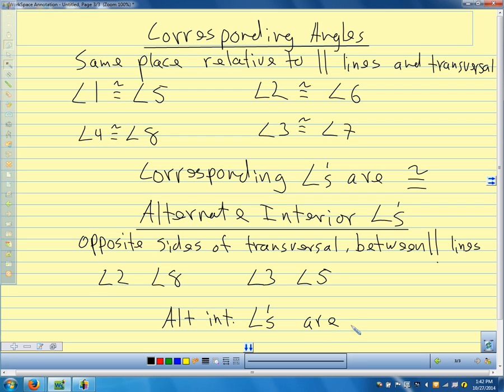And judging by the way they look, angle 2 and angle 8 and angle 3 and angle 5, how do they look like they compare? Congruent. They turn out to be congruent.